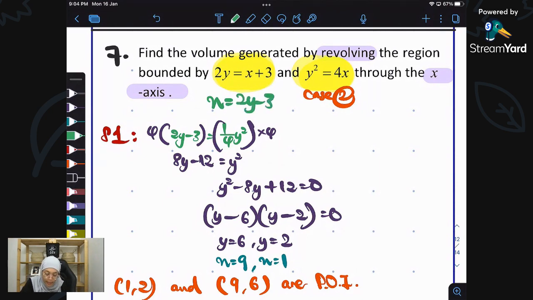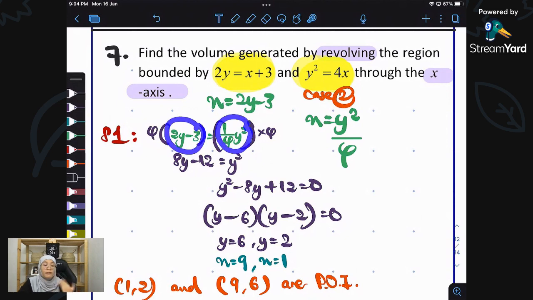The other one, making x the subject, I get y squared over 4. So here you will see it looks a little different because I already rearranged them so that I calculate them in terms of y, and so I got the y values.